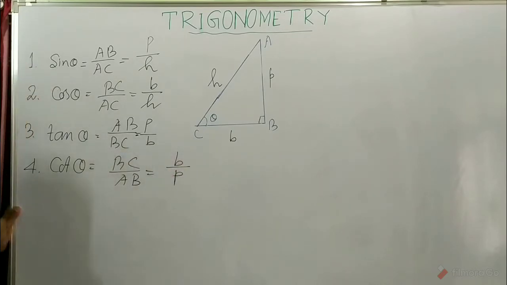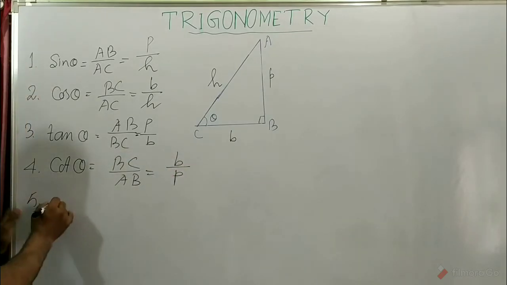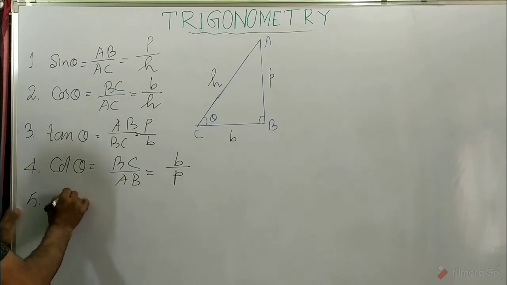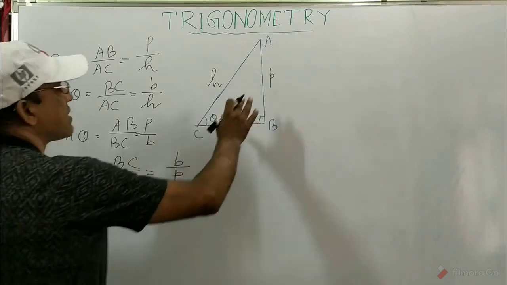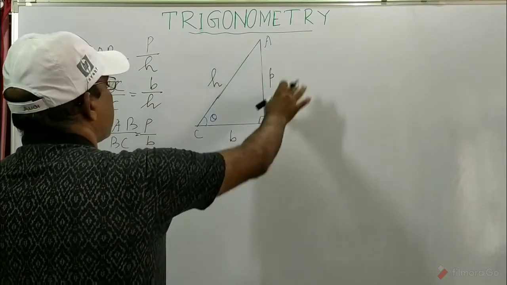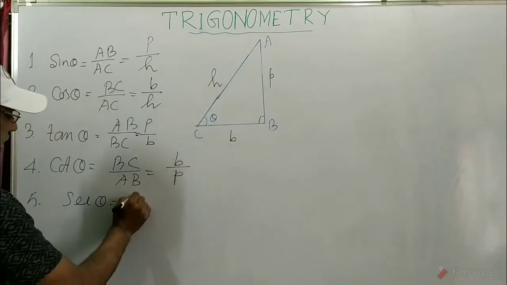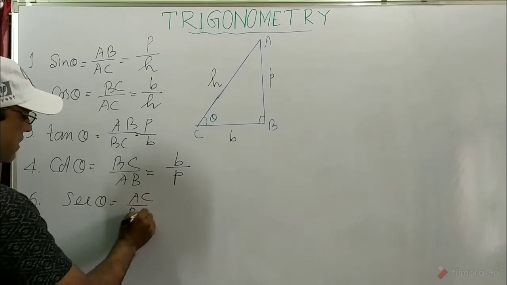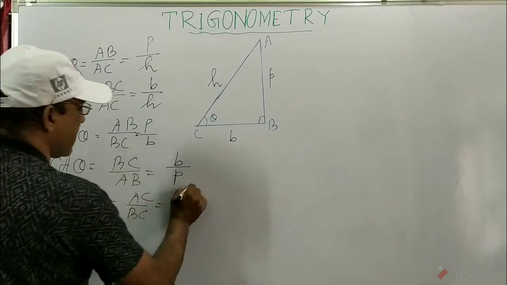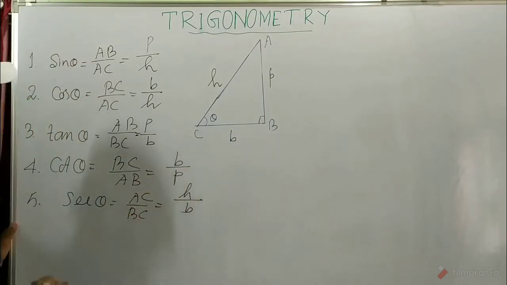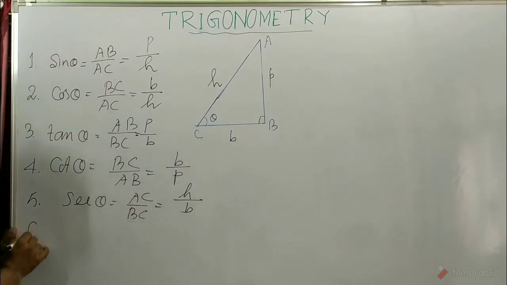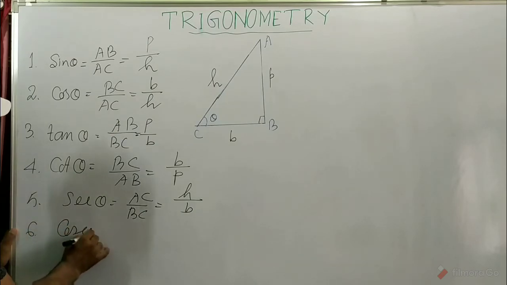And number 5, this is sec theta. Sec theta is AC by BC. AC means S and BC means B. Number 6, cosec theta.